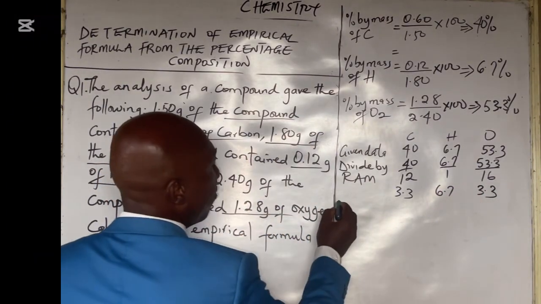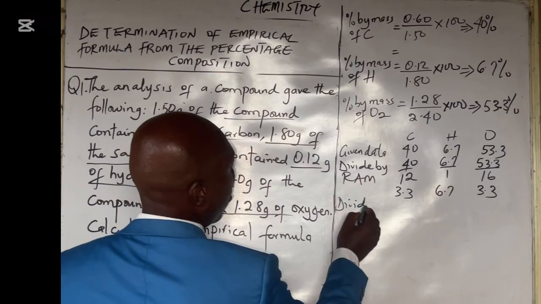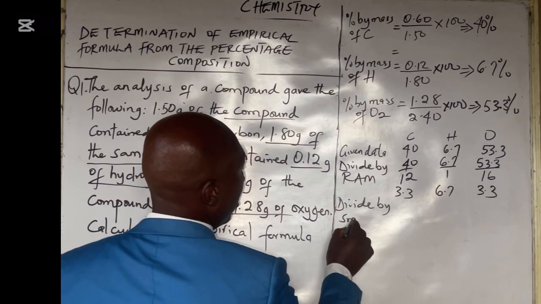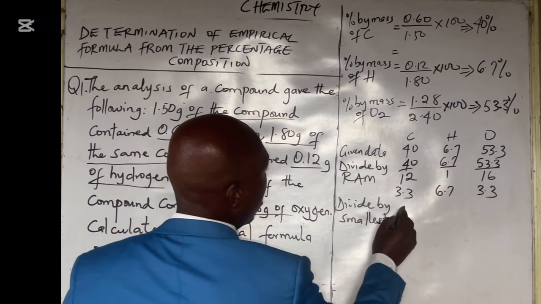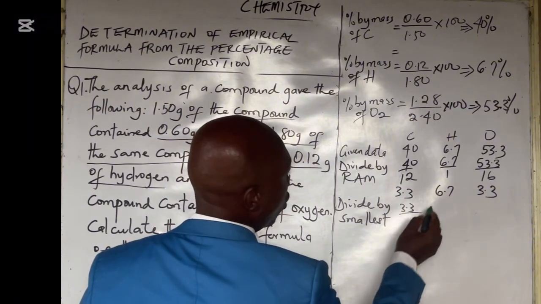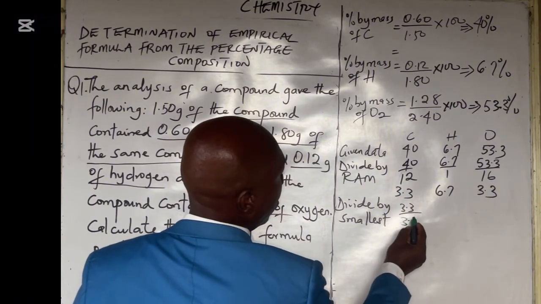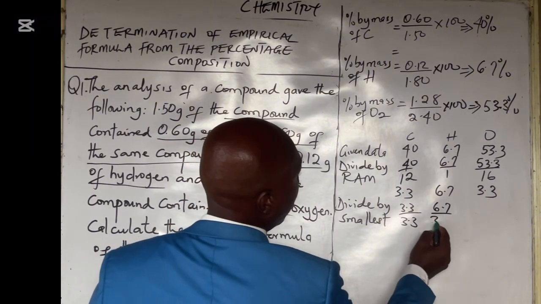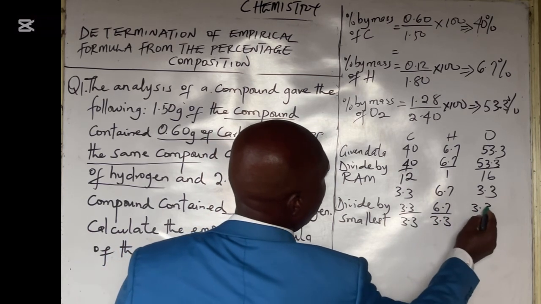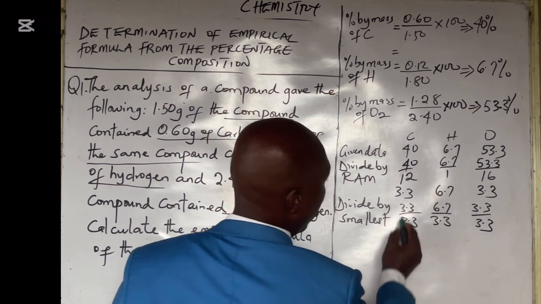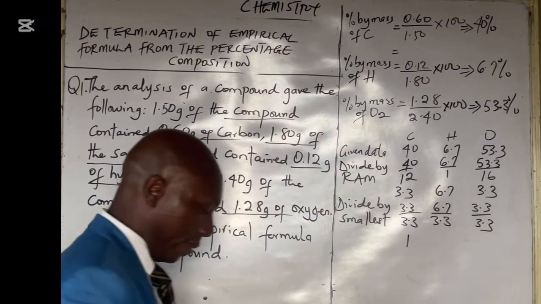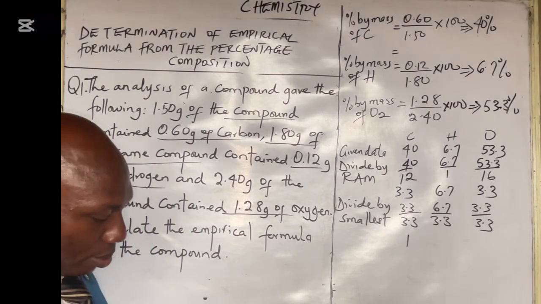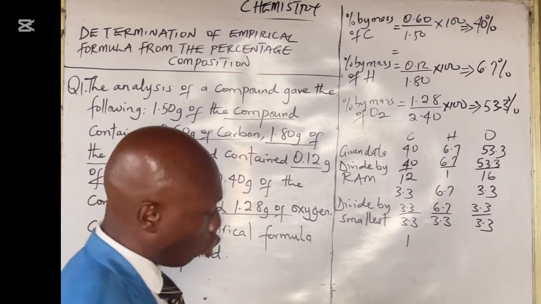The next step is to divide by the smallest. The smallest here is 3.3. So 3.3 over 3.3 is 1. Then 6.7 divided by 3.3 is 2.0, so we have 2.